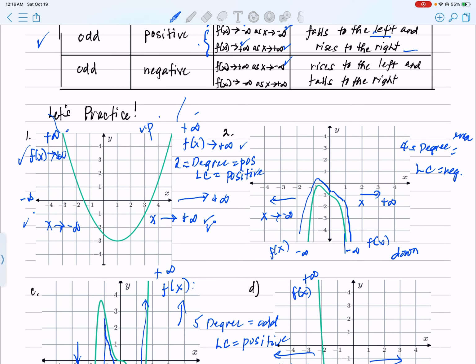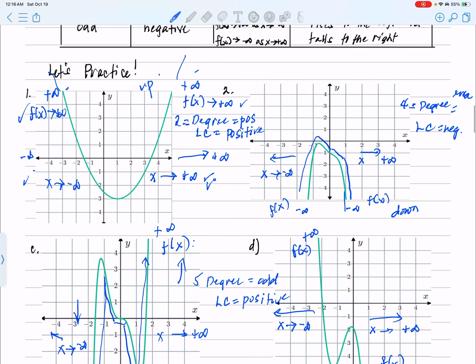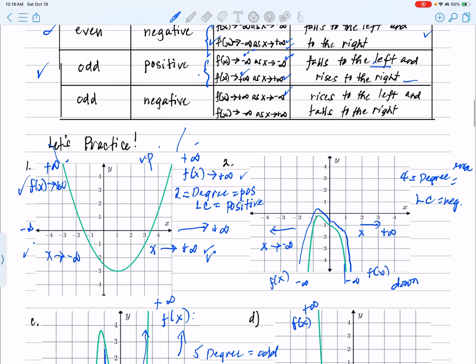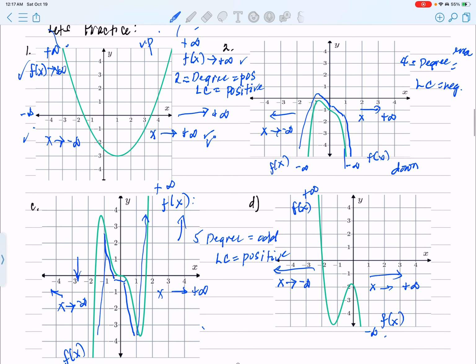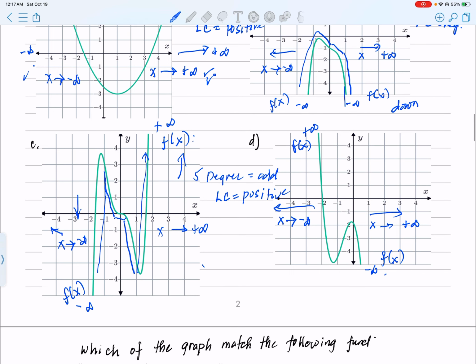When a function is positive as x approaches the negative infinity, and the function of x is negative as x approaches the positive infinity. All right. So, in other words, what will be our degree? The degree would be odd.